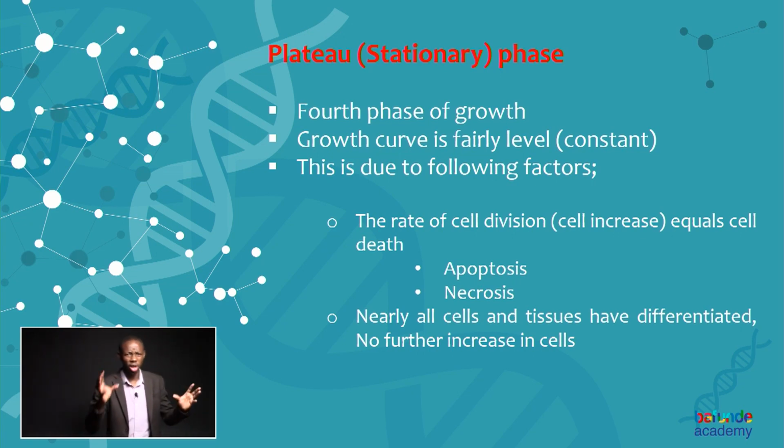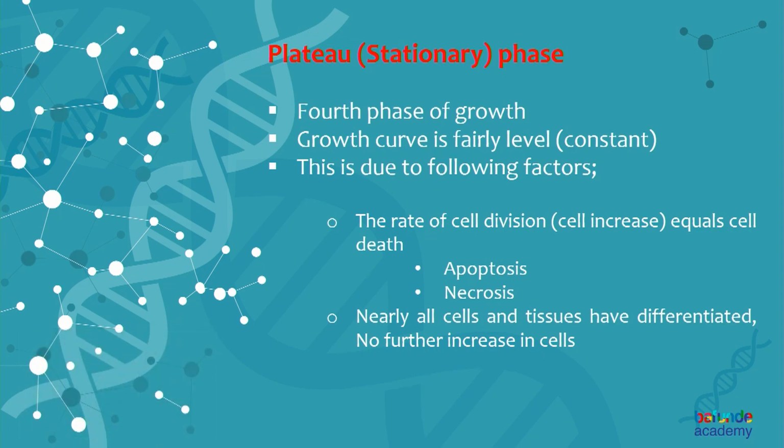So immune cells will come, they have seen an invader, and they mount on it, and then the cell will die through a process called necrosis. So another reason why the curve is nearly constant is nearly all cells and tissues have differentiated. So we have no further increase in cells.